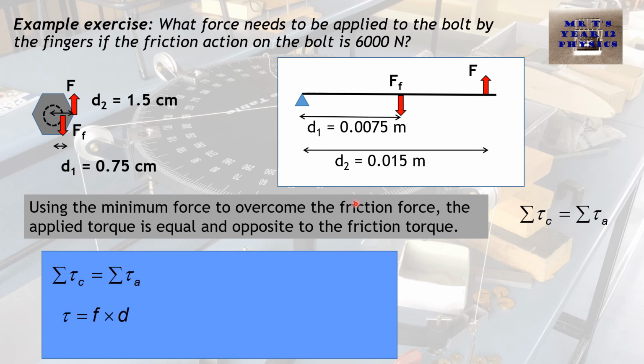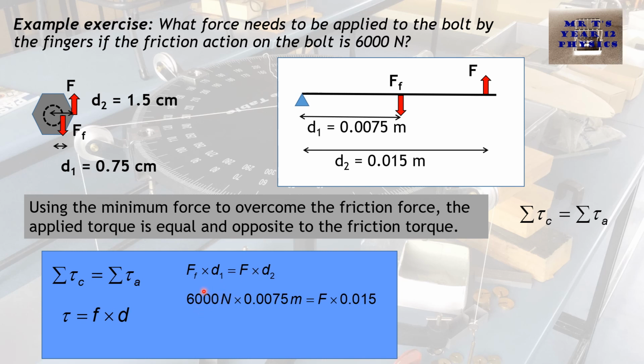I'm going to write down the torque, which is the force times the distance, for the clockwise one, and make it equal to the anti-clockwise force times the distance. So our clockwise torque is the force of friction times its distance, d1, and the anti-clockwise torque is the applied force times its distance, d2. I substitute in the values.